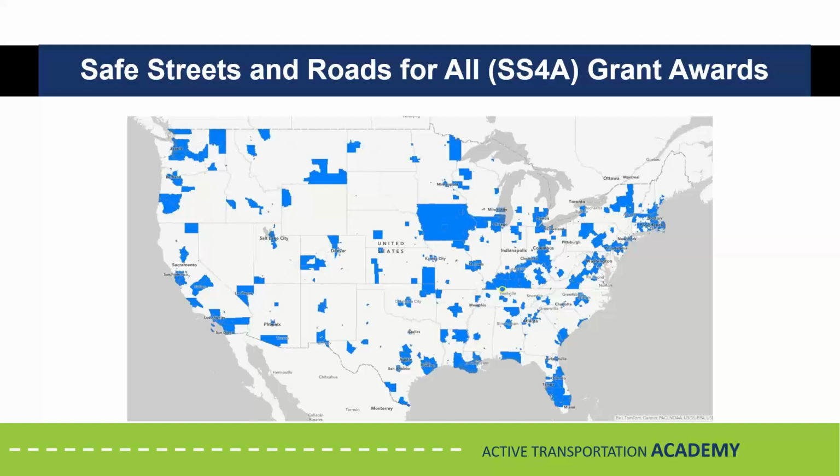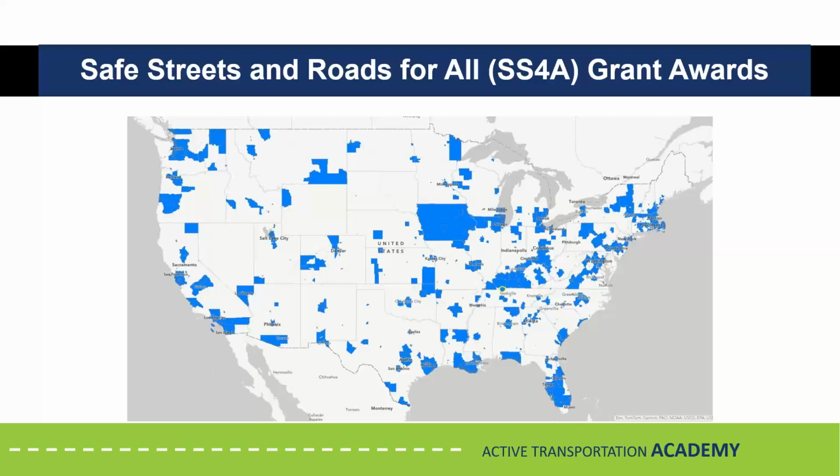I want to share a quote from the Federal Highway Administration's most recent funding announcement. Quote, "These funds will help tackle the preventable crisis of deaths on the nation's roads through safer people, roads, and vehicles, appropriate vehicle speeds, and improved post-crash care."